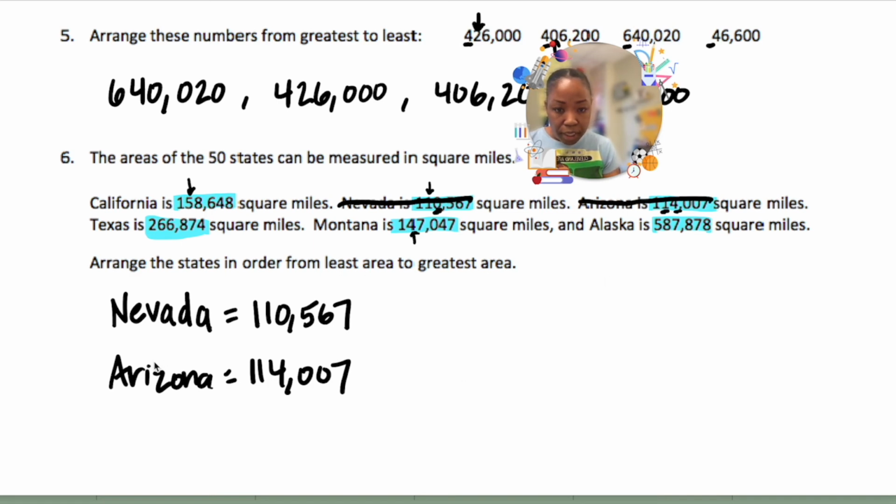Next would be, we had 2 more 100,000s. So that was then looking at the next number, 5 10,000s and 4 10,000s. So the least between 5 and 4 is 4. So that would be Montana.